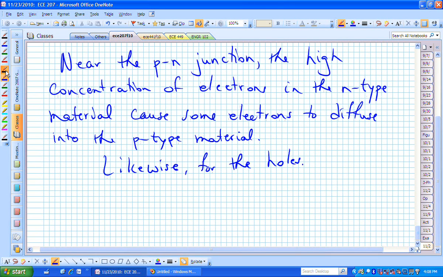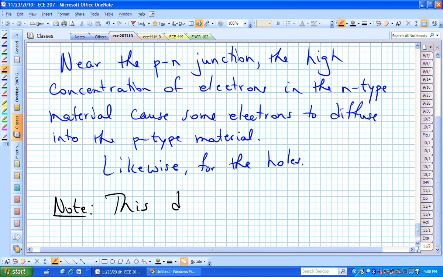But that really doesn't go on forever, because once the electrons leave the n-type material, they leave behind holes, some positive charge, and so the positive charge that is coming across goes, wait a minute, there's a lot of you already over here. So they don't keep diffusing across. There's a limit to that diffusion process.